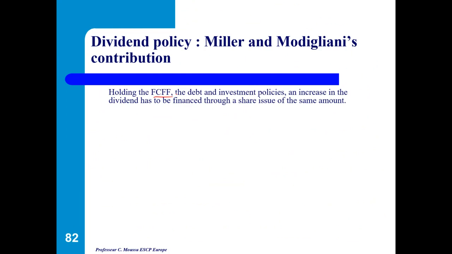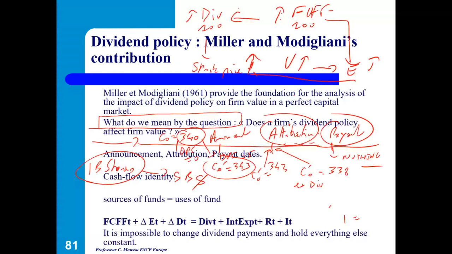If you keep the cash flow, if you keep the leverage, if you keep the investment, I could say something else. I could say, I pay 5 billion of dividend, or I pay 100 million of dividend, because I reduce my investment.